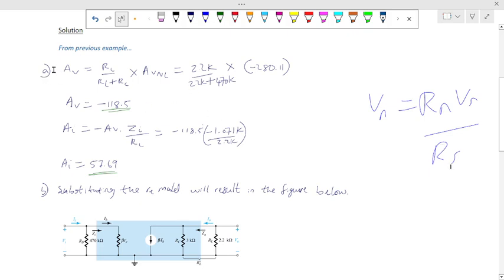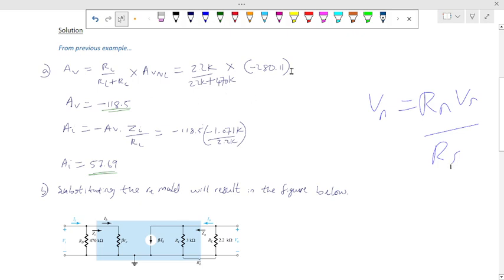So since we are looking for the voltage gain, we take the resistance in that position over the sum total resistance. That's how we have this right here.